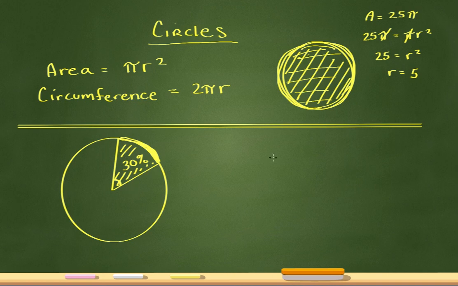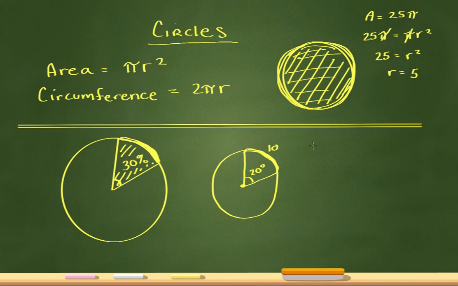So let's say they give you a circle, okay, and they give you a pie slice cut out of it, okay, and they tell you that the angle here is 20 degrees, all right, and they give you that this arc length from here to here is 10.